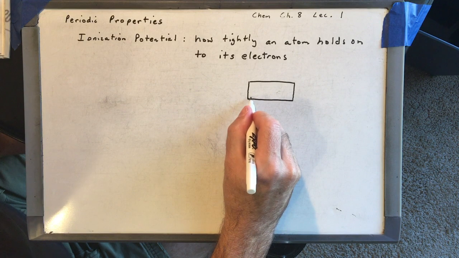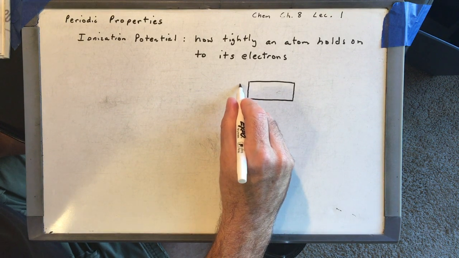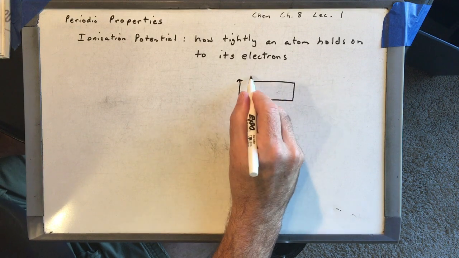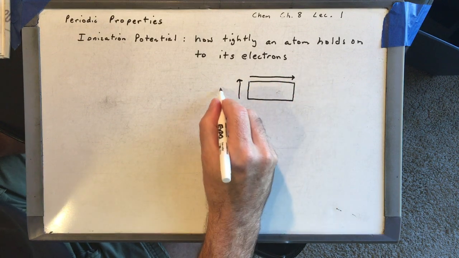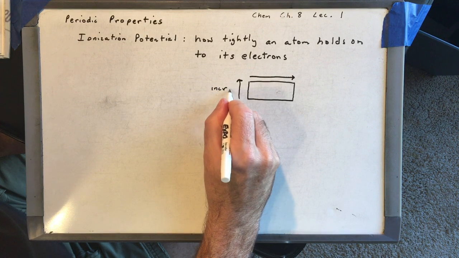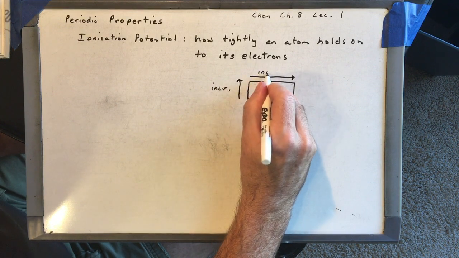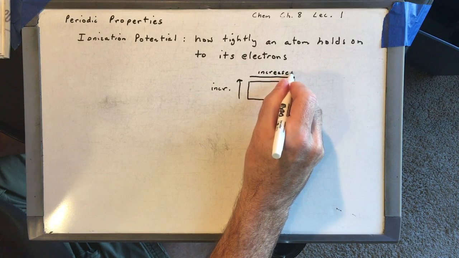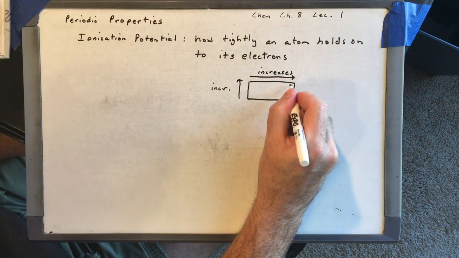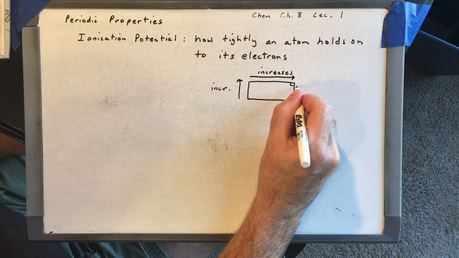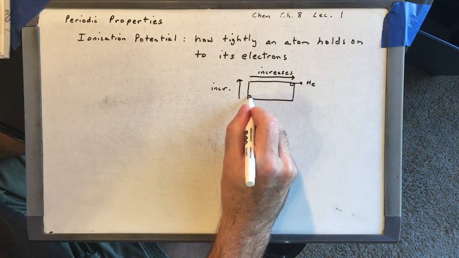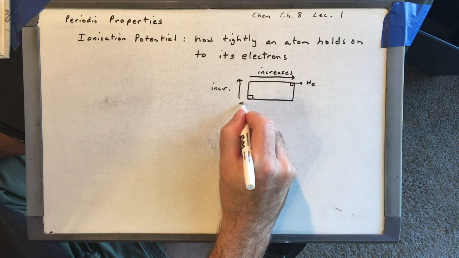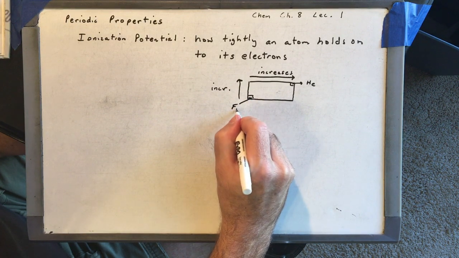Ionization potential, if you start with the lowest down here in the lower left corner at francium, increases that way and increases that way. So the highest ionization potential is up here at helium, and the lowest is down here at francium.